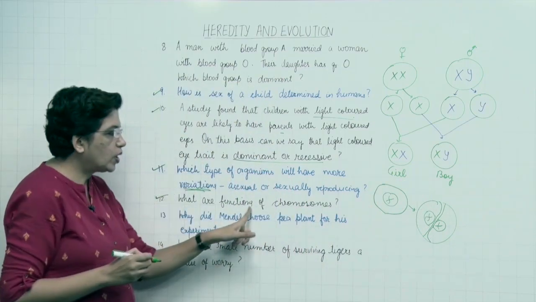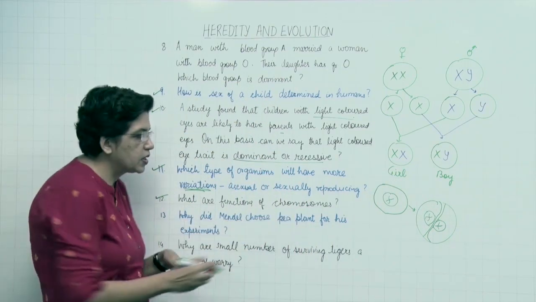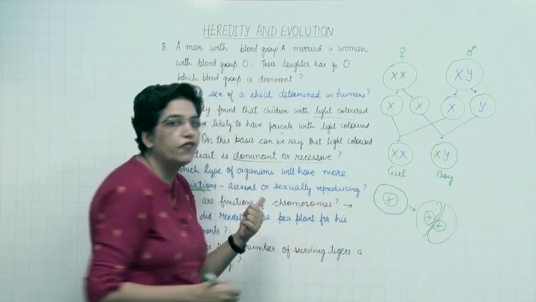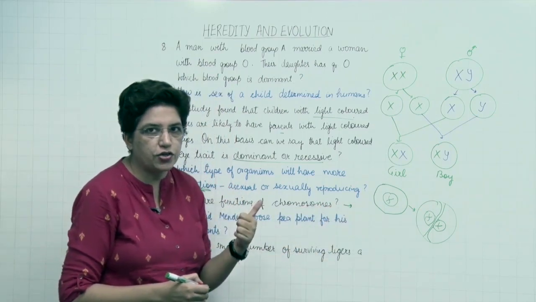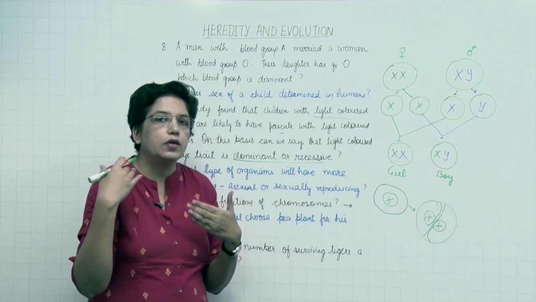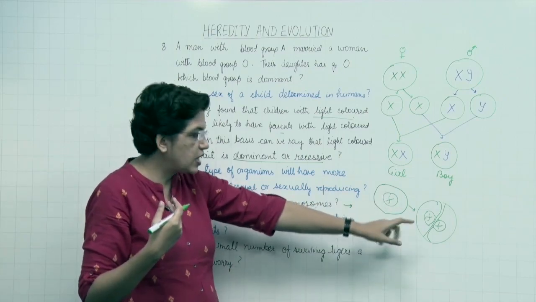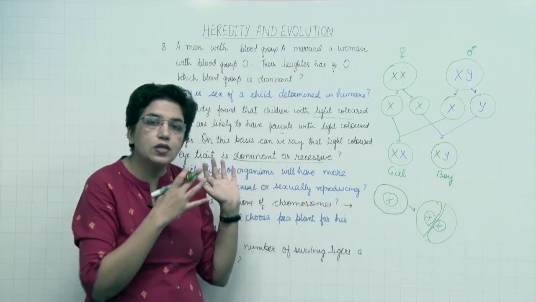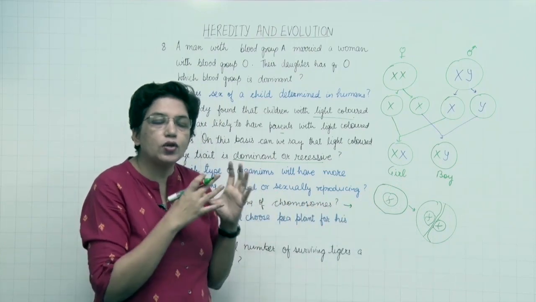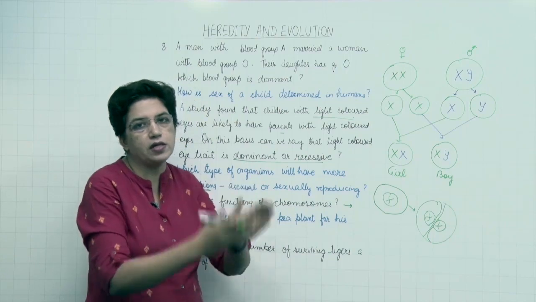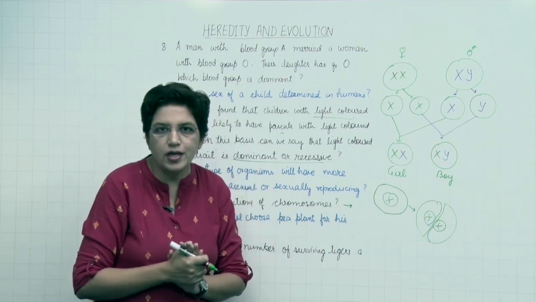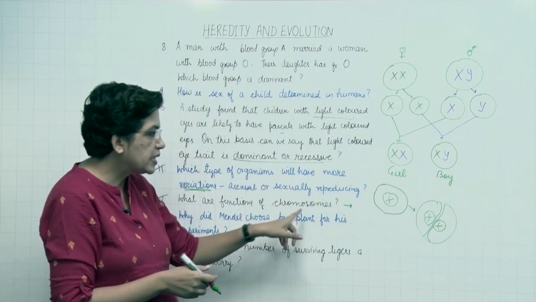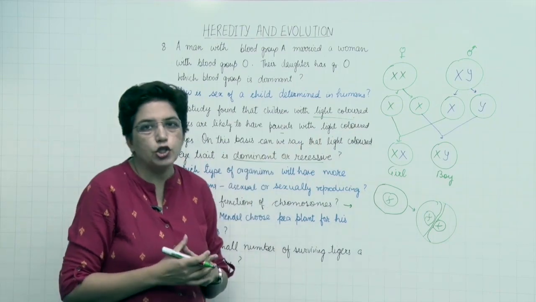Next question, what are the functions of chromosomes? So the first function of chromosomes is heredity. As I told you, in this case also, the daughter cells will resemble the parent cells because the hereditary material or the genes are transferred from the parents to the next generation of offspring. Second is sex determination.